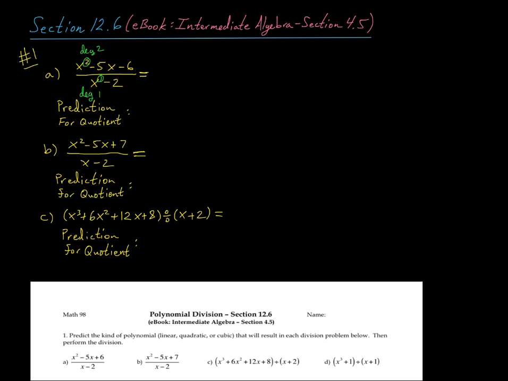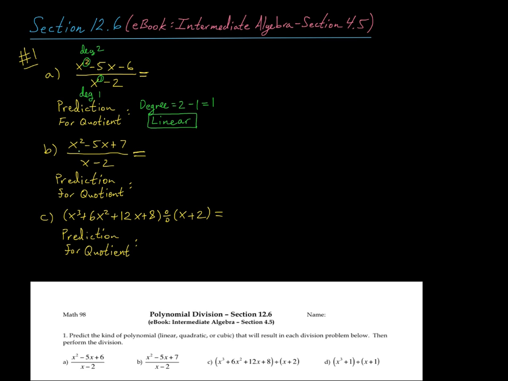So in other words, my prediction for the quotient would be degree 2 minus 1, or in other words, a degree 1 polynomial. And a degree 1 polynomial is just a linear polynomial. So I would expect a linear polynomial here for the quotient.